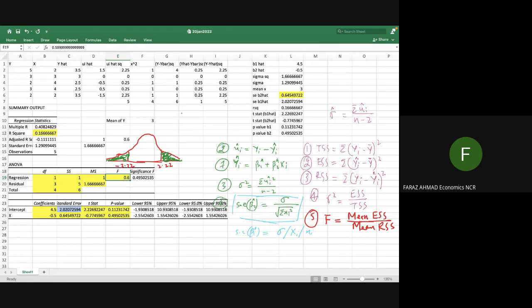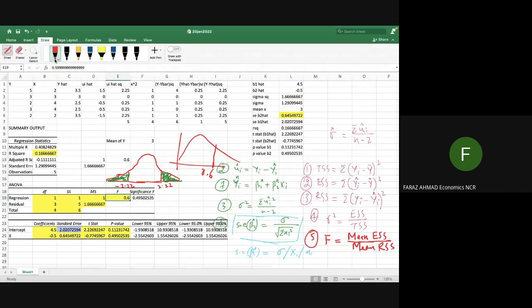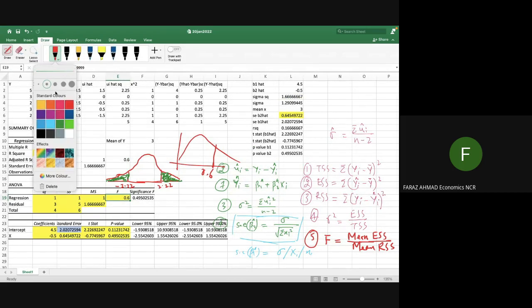So suppose we have an F distribution, and then there is some value here, which is 0.6, then we can find how much area is there in the tail. So that is going to be the p-value of the F statistic, right?